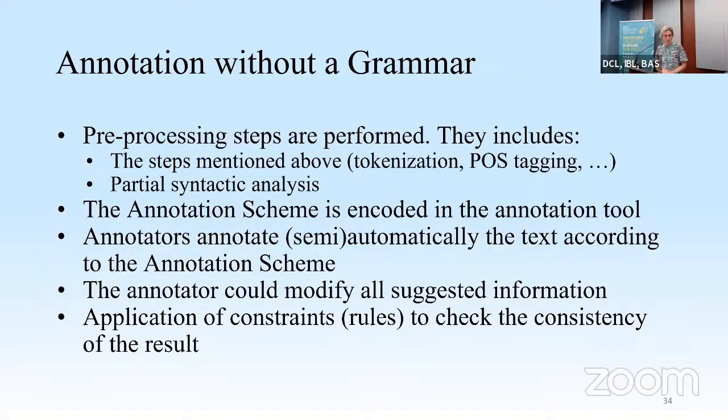So such a grammar was developed for English, but can you guess how many years it took for a precise grammar of English? English, not a morphologically rich language. 30, more than 30. So there are good grammars for Japanese, for Norwegian, and I told you how many sentences my grammar can parse.